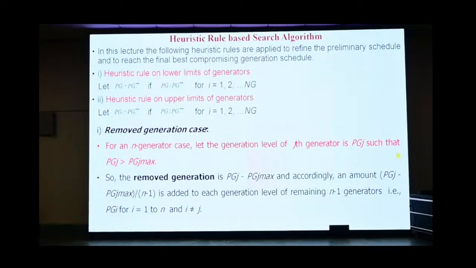If one is crossing the lower limit, that means it is less than the minimum limit. Something has to be added to make it up. Let us say the limit is high. If I am putting the rest amount to the third generator, which is crossing the limit, from where am I going? From the other two.